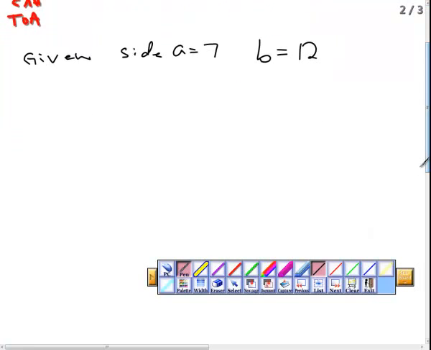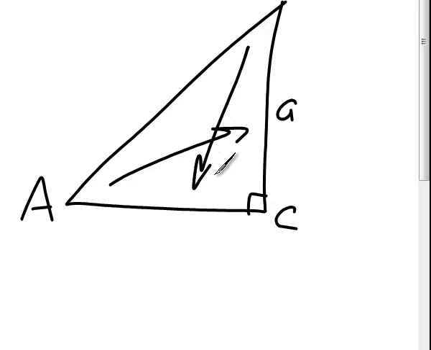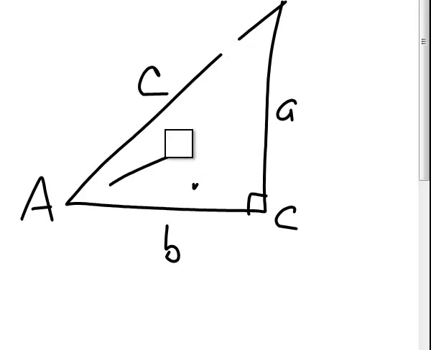All right, so we want to draw a triangle. The angles use the uppercase letters, A, B, and C. The lowercase are the sides opposite that angle, so side A is opposite angle A. Side B is opposite angle B, and side C is opposite angle C. So from here, we said that A is 7, B is 12.